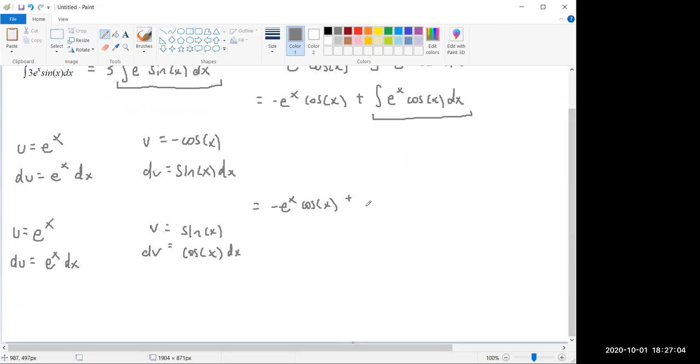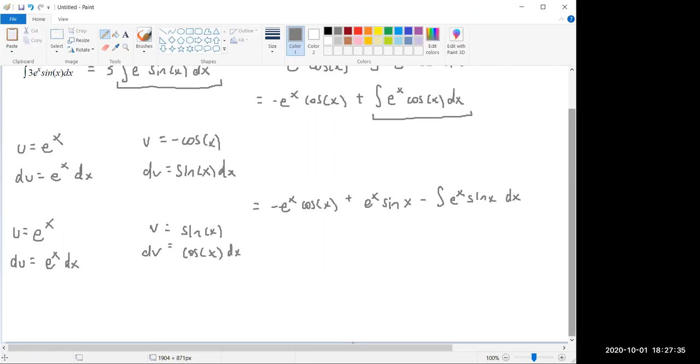It says u times v, so e to the x sine of x, minus the integral of v du, so this is e to the x sine of x dx.